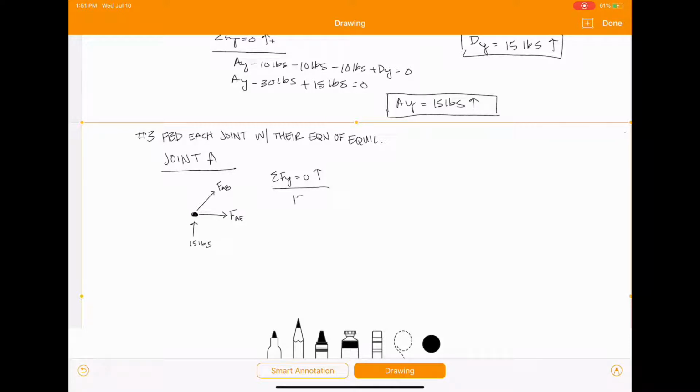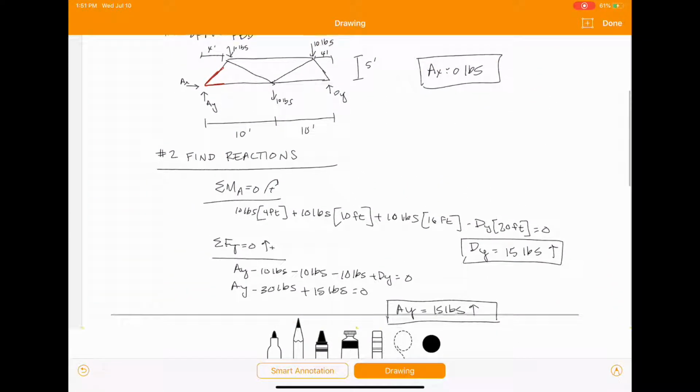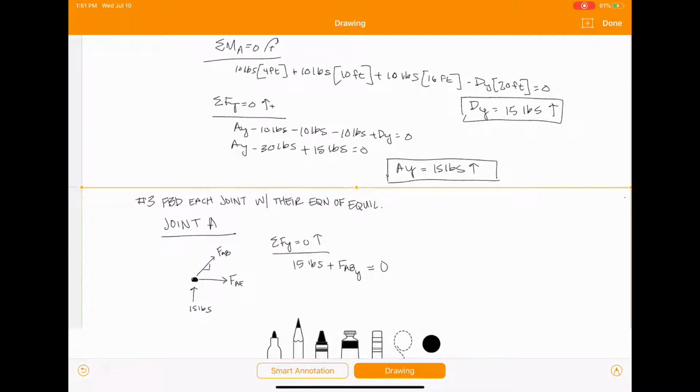So we're going to have 15 pounds plus FAB Y component equals 0. So we know that the slope of this from our free body diagram up here is going to be over 4, up 5.